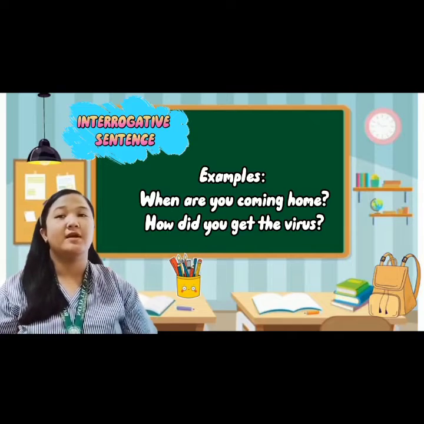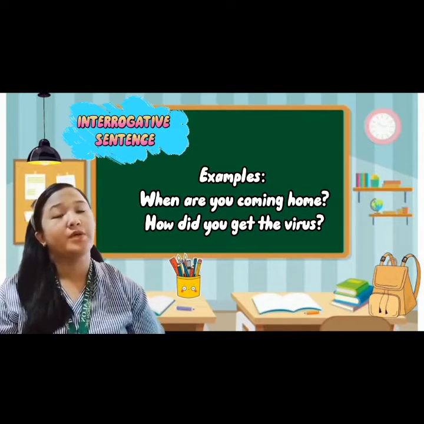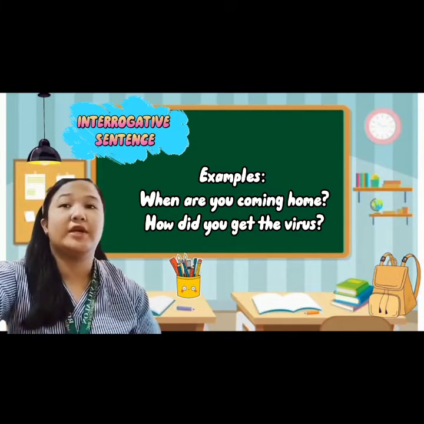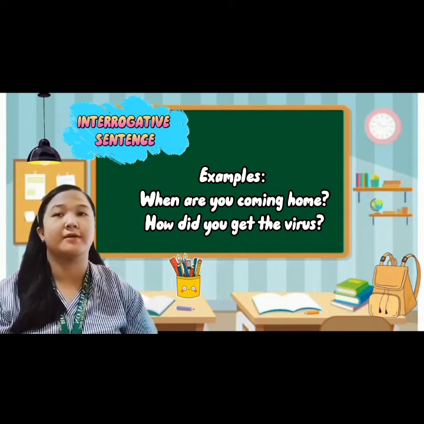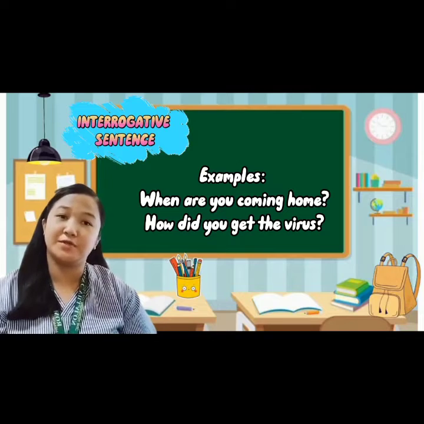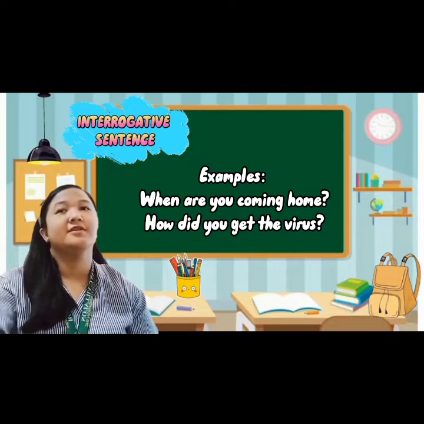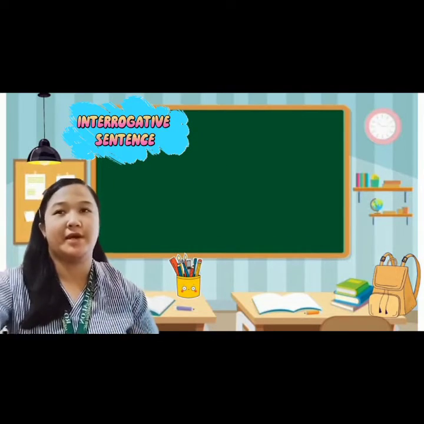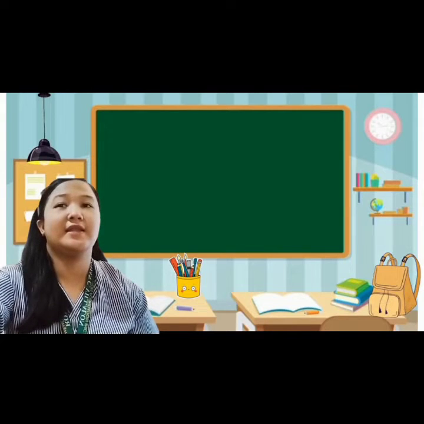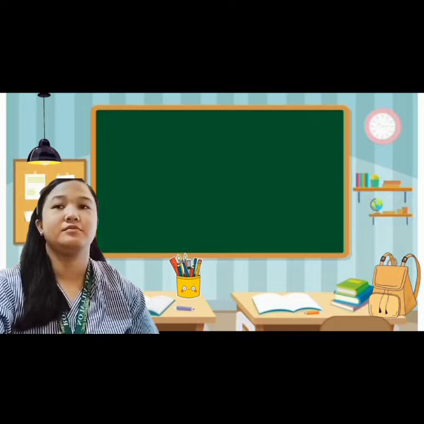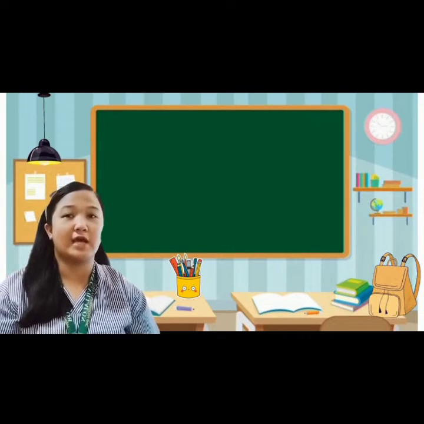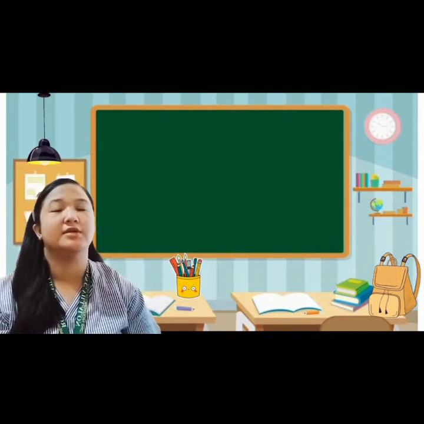Example is, when are you coming home? Diba nangutana man ta. So sa last ato is na siya question mark. How did you get the virus? So we are asking. So na siya question mark. And that is the end of kinds of sentences according to use and function.